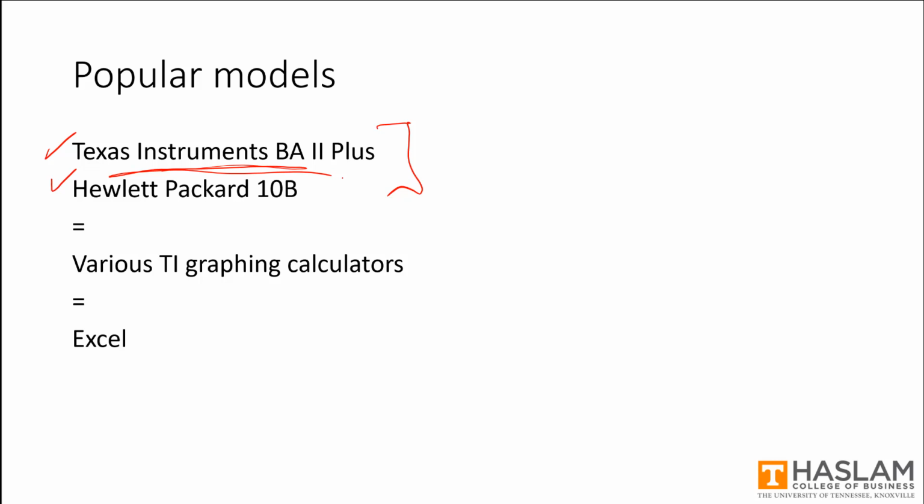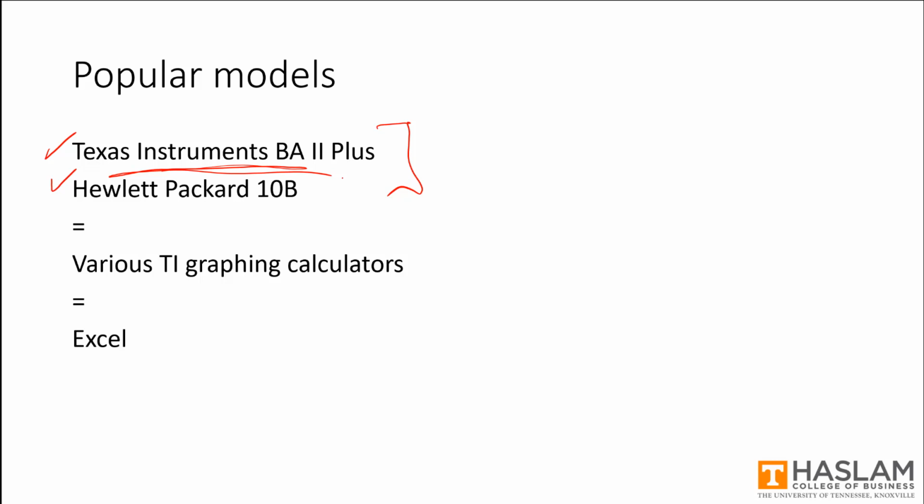I know that also many folks have a TI graphing calculator, like a TI 84, I believe. Most of these graphing calculators do have financial functions in them as well, and those are totally fine. But instead of having buttons you push for the N and the PV and the PMT, they're going to have menus, and so you'll have to enter values. But those are fine if you have one of those from a math course and you want to use that.